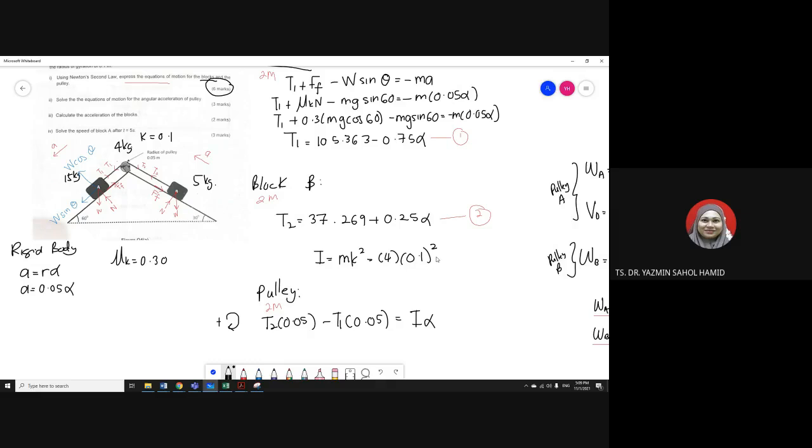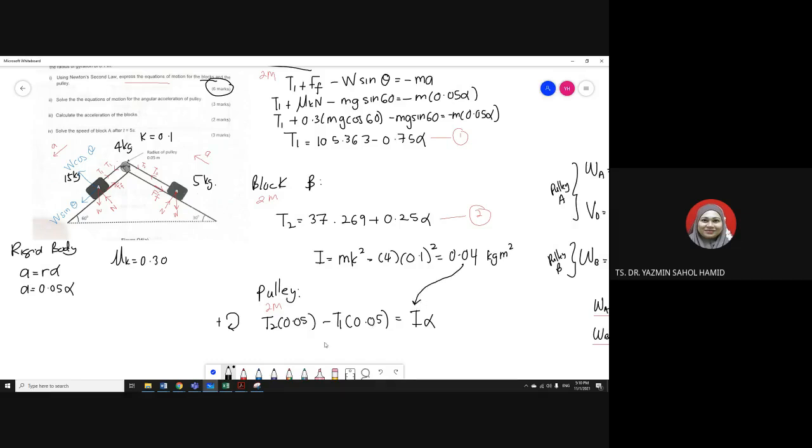It gives 0.04. Okay, so this one should be here.